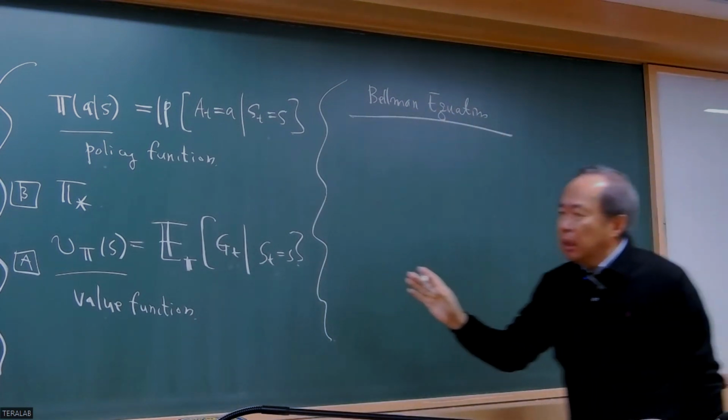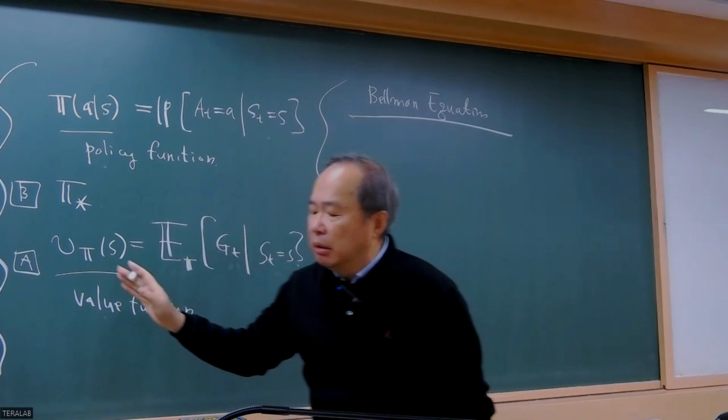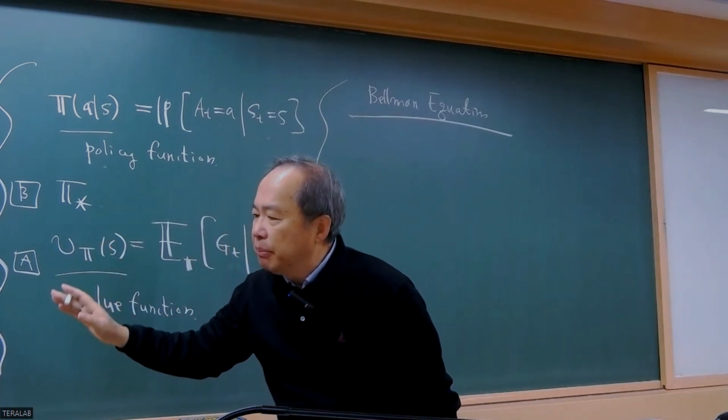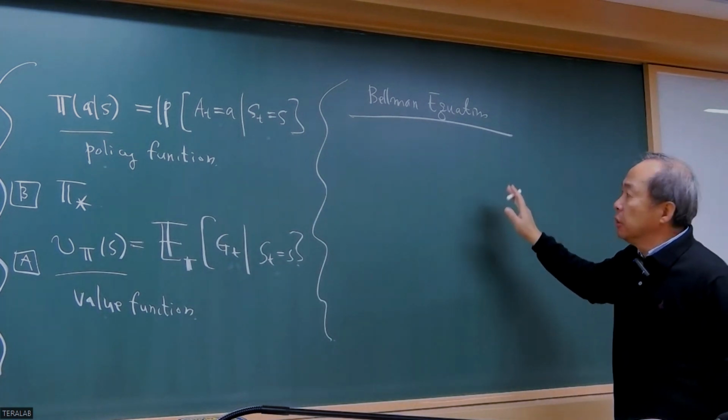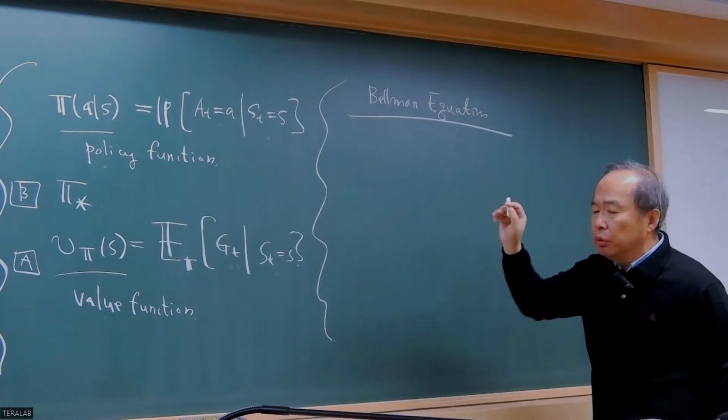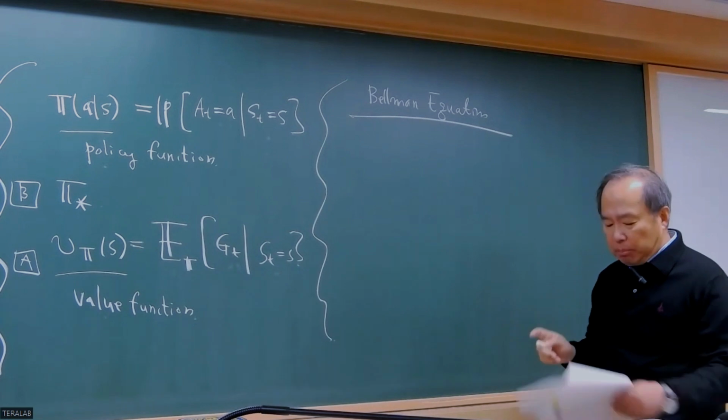This is a very basic definition and understanding of reinforcement learning. From that, I'm going to introduce Bellman equations. Using these Bellman equations, I'm going to give you some optimization problems.